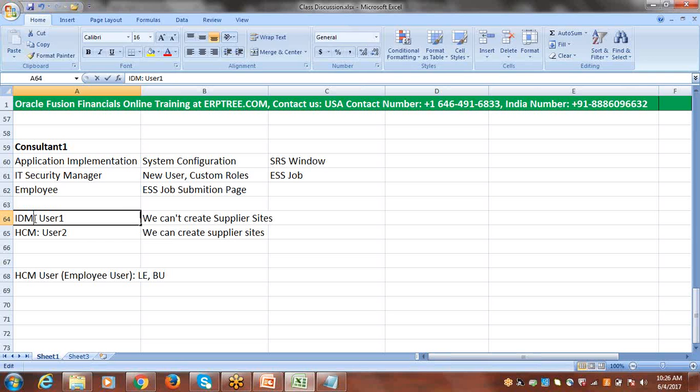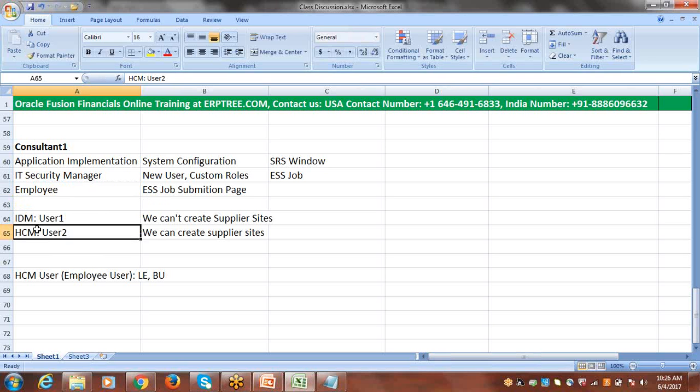See, simple point. You can create a user in IDM. You can assign an employee role to that IDM user, but still this user cannot act as an employee user. When you are creating the HCM user, that is nothing but user plus employee.